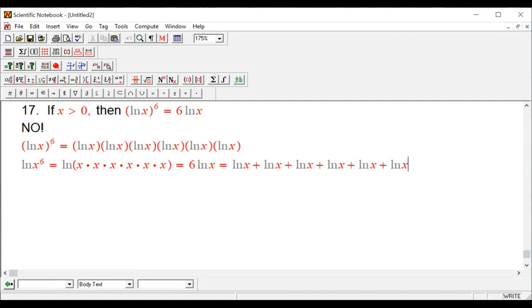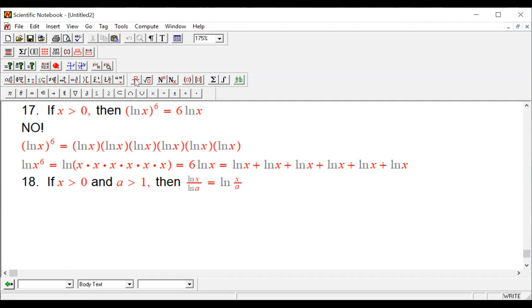Number 18. If x is positive and a is positive, a is greater than 1, then ln x over ln a equals ln x over a.